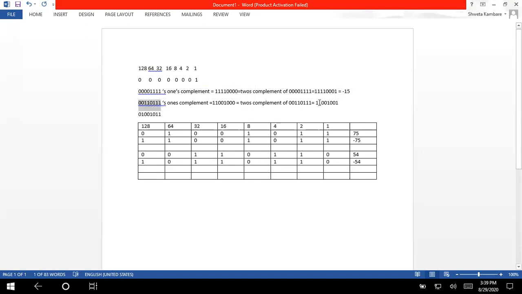As again you can see, the most significant bit is 1. That means this number is negative. So this will be equal to minus 55. I hope you have understood both of these integer representation schemes.